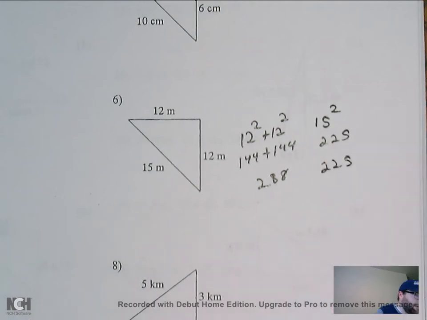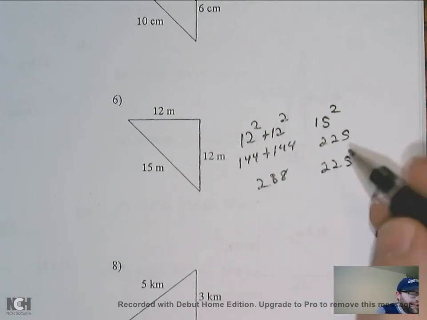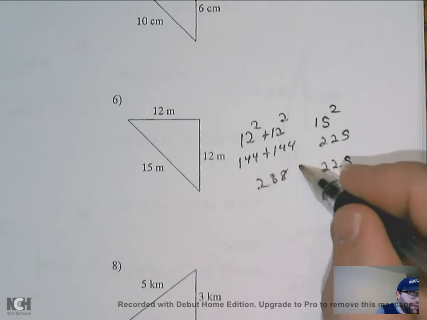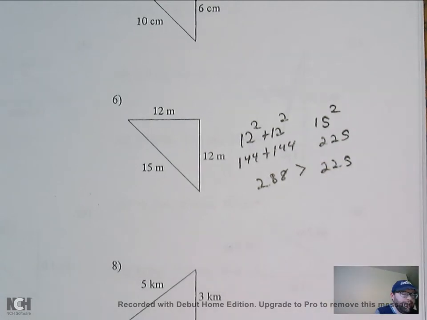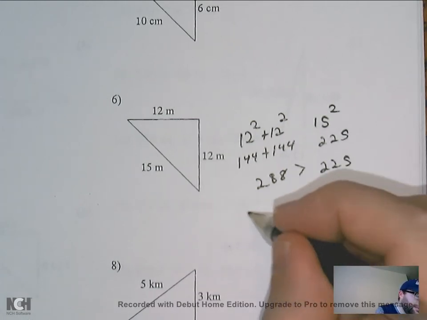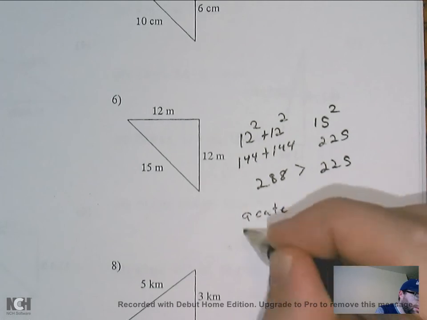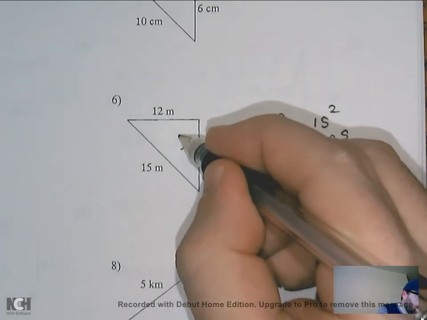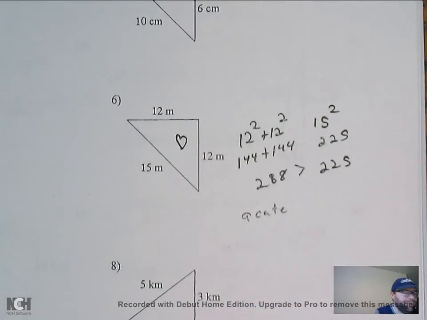Compare that to 225, and we get that 288 is bigger, which means the smaller sides are bigger, which means this is an acute triangle. See how it's an acute triangle there?